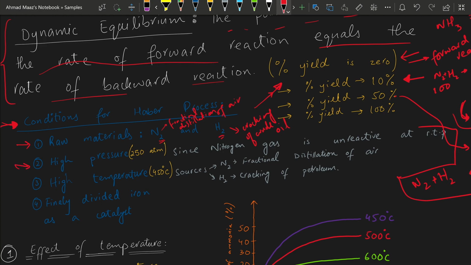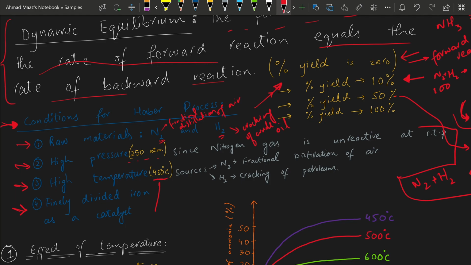And the conditions are a high pressure of 250 atmospheres, and a high temperature of 450 degrees Celsius. And the third condition is a finely divided iron catalyst. Iron is used as a catalyst, in a small powdered form.